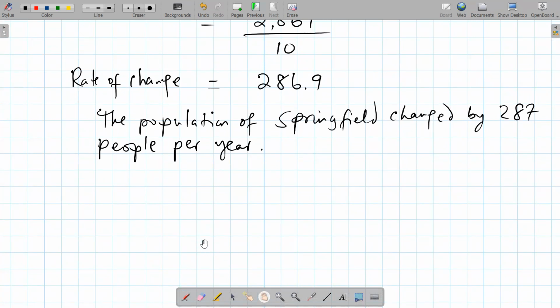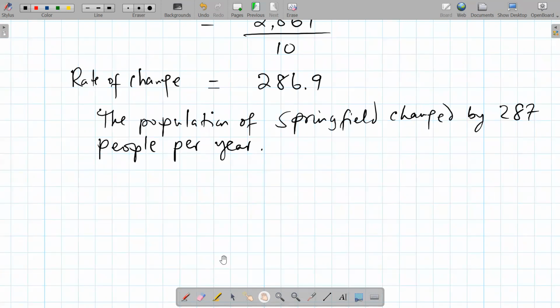Okay, so so far we talked about the table form, we talked about the graph form, which in this case gives us the slope formula, and we should be able to get a slope out of a given equation.